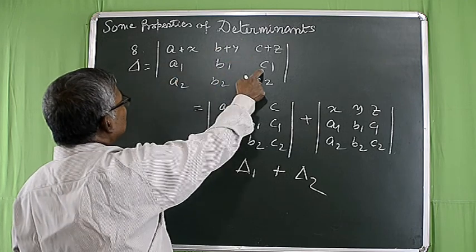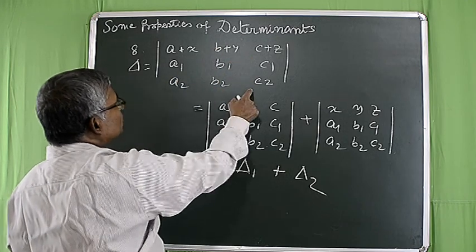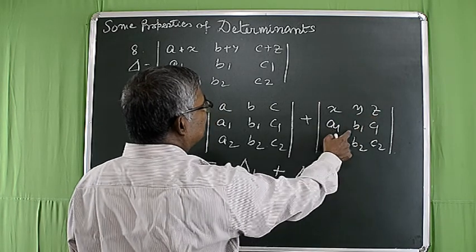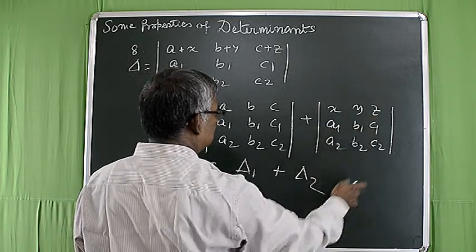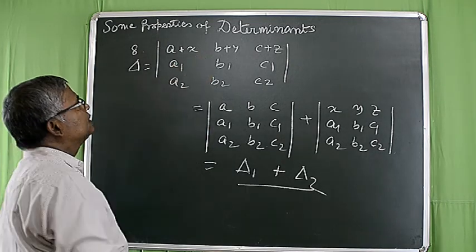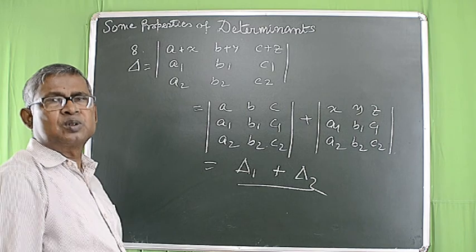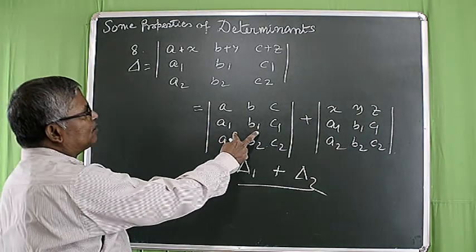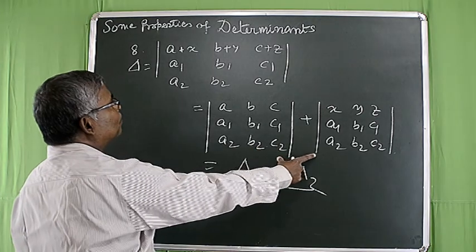So whenever any row or any column is the sum of two terms, then the determinant can be expressed as the sum of two determinants.